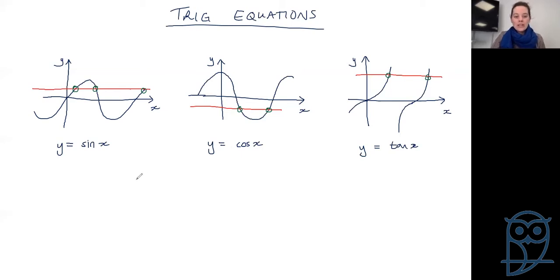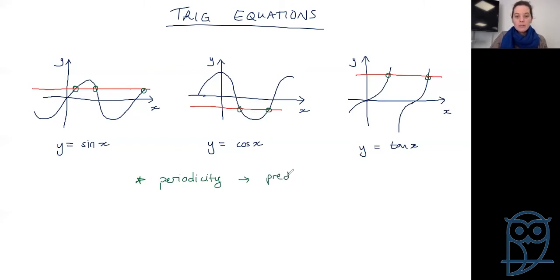So what are we looking at? We're looking at the periodicity of these graphs, because it's repeatable. It's the same thing over and over again. If you have something that repeats like that, then you can predict, and when you can predict an answer, you can go from one answer and calculate all sorts of other answers.